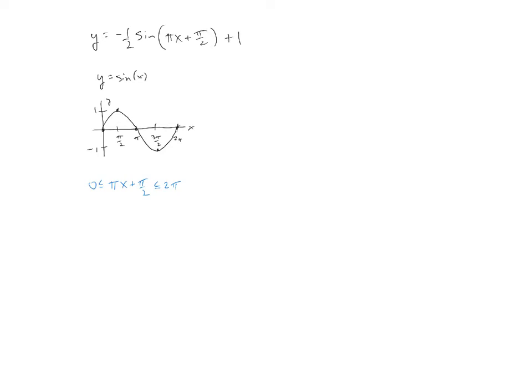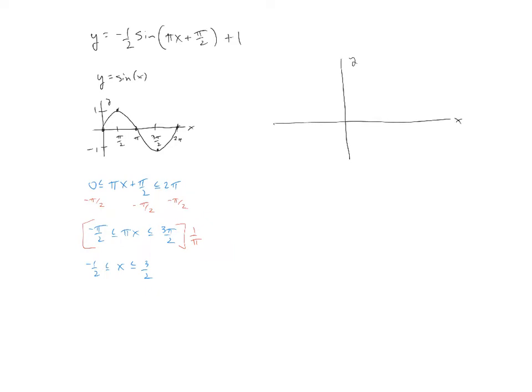So if I subtract pi over 2 from all parts, that's going to give us negative pi over 2 less than or equal to pi x less than or equal to 3 pi over 2. And finally, if I multiply both sides by 1 over pi, or divide by pi, however you want to view it, that's going to give us negative 1/2 less than or equal to x less than or equal to 3/2.